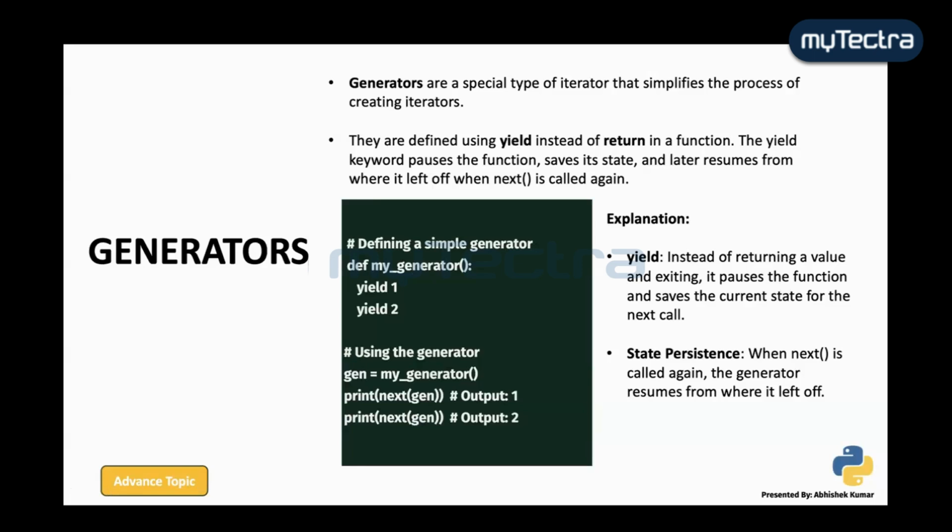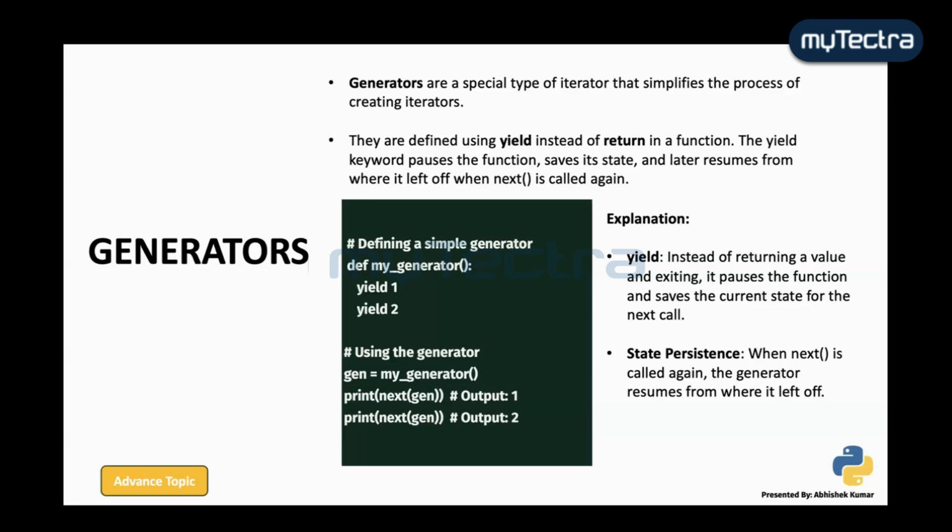Basically it will pause your function, hold it in the memory, and maintain the state also. Then on using next, it will give you the output, and it also has a hold of memory. So whenever you use next the next time, it will give you the other item of that iteratable.